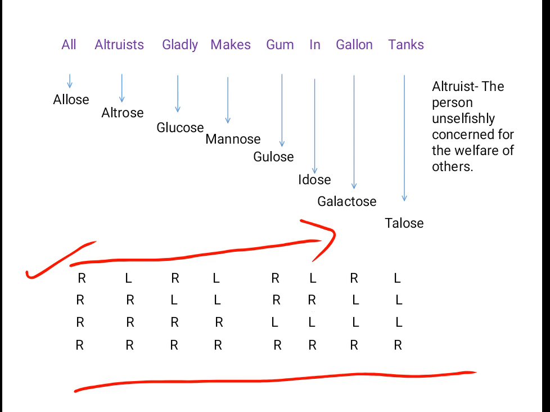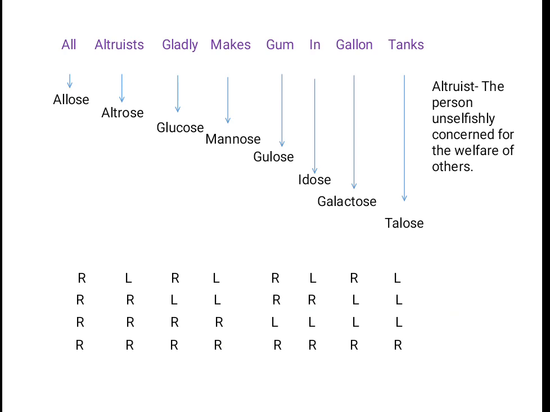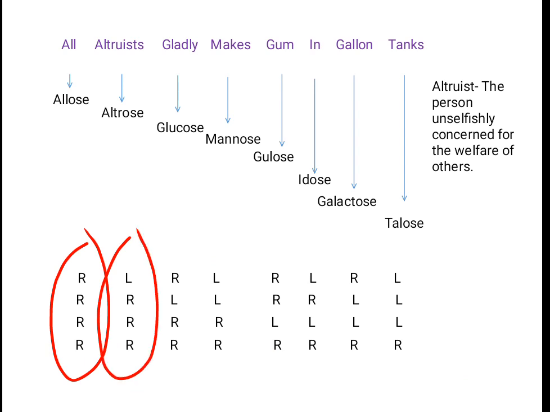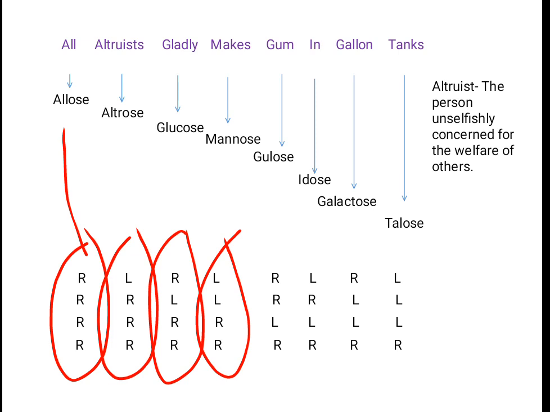In the next line, the alteration will be after 4: RRRRLLLL. And in the last line, there will be no alteration. And if you just take the columns, you will get allose, altrose, glucose, mannose, and all of these. So try to remember in an easy way.